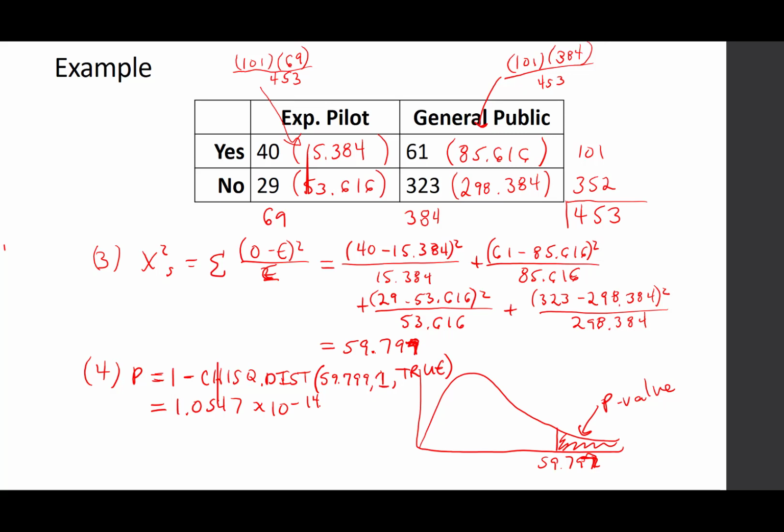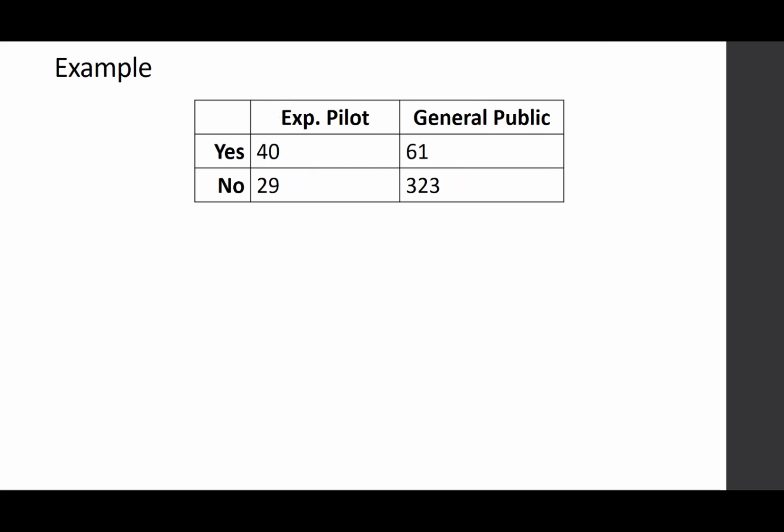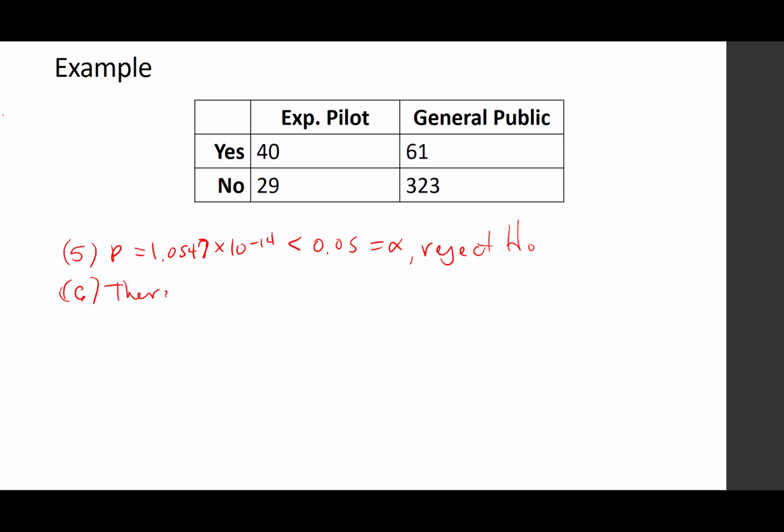Alright, so now we can make our conclusion about our chi-square test. Step 5 is comparing our p-value to our alpha. Our p is really, really tiny. It's 1.0547 times 10 to the negative 14th. Our alpha is 0.05. Our p-value is clearly low. So we reject the null hypothesis and conclude there is significant evidence.